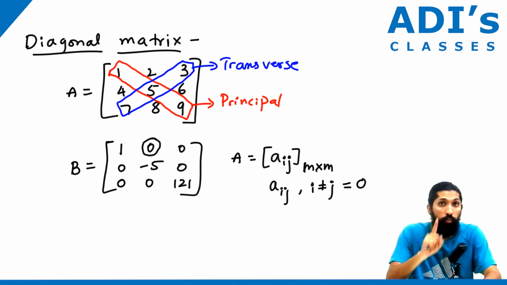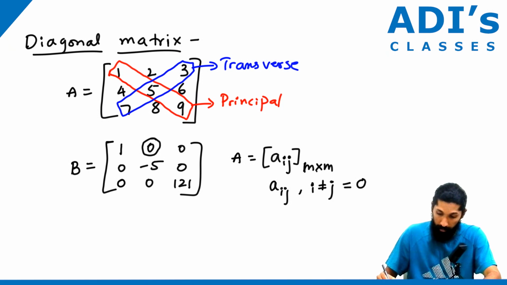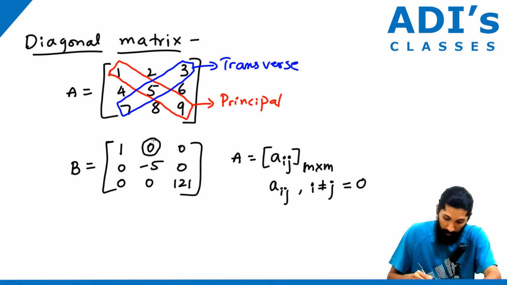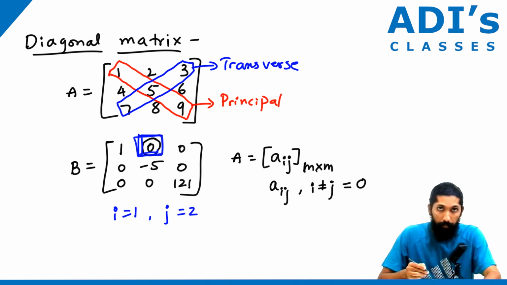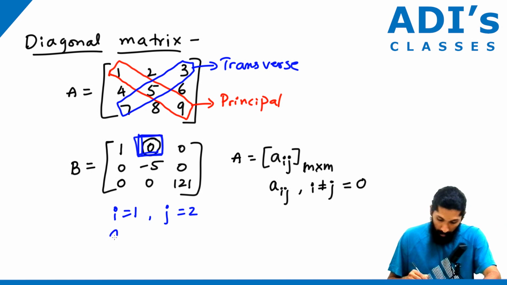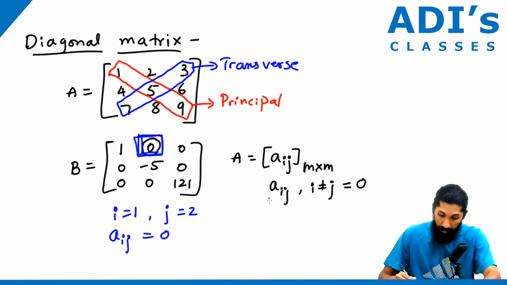So i value is 1 and j value is 2. Now, i is not equal to j, but Aij, the element value, is 0. That is the meaning of Aij, where i is not equal to j, this value is 0.